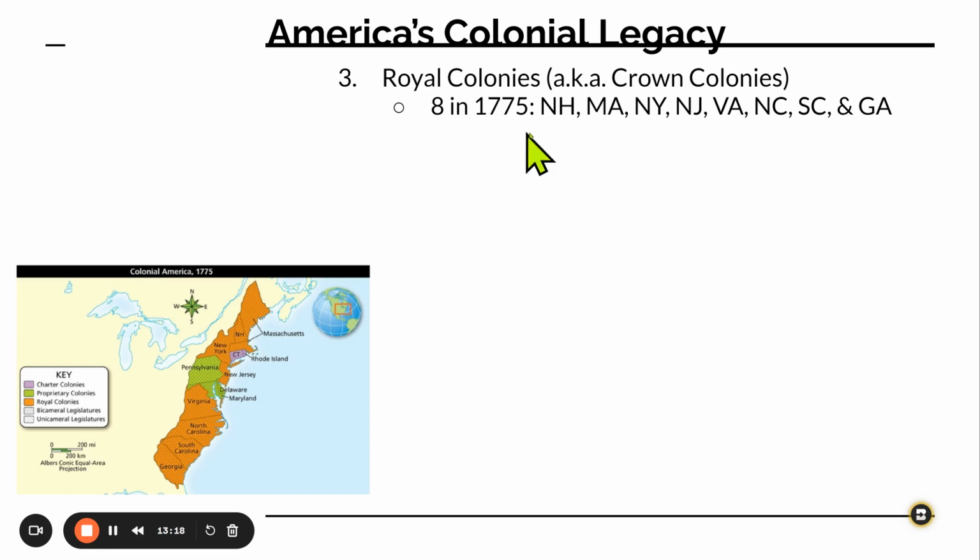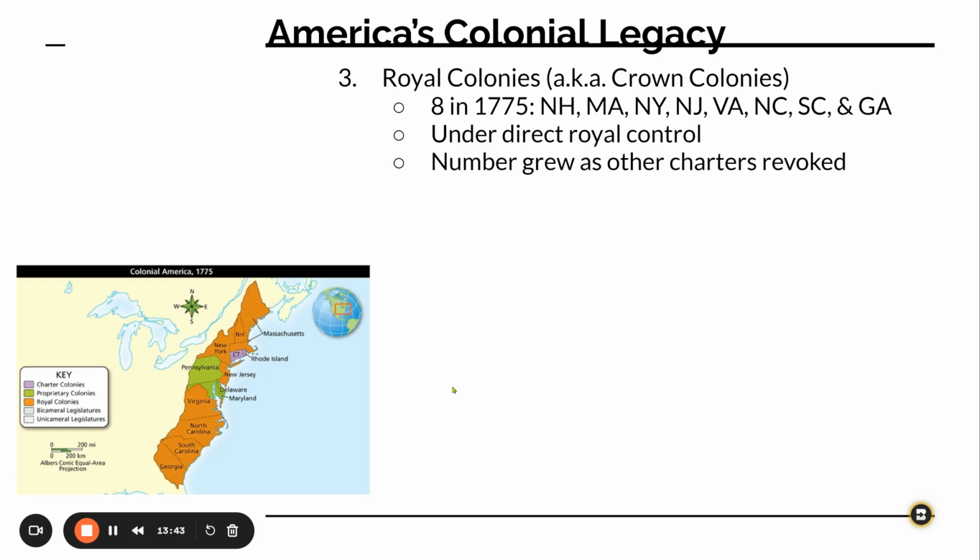From north to south, 1775, New Hampshire, Massachusetts, so small states, but also New York, New Jersey, Virginia, which was kind of the most notable big state. The two Carolinas and Georgia were all crown colonies, which meant, as you might have guessed, they were directly under control of the monarch, and who in this time period is a king, always a king.